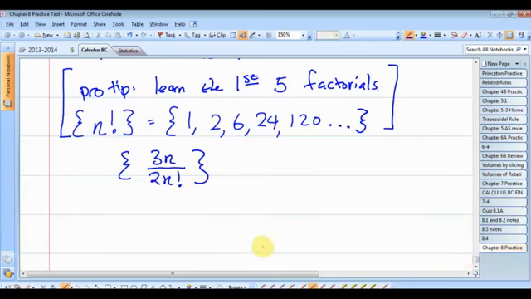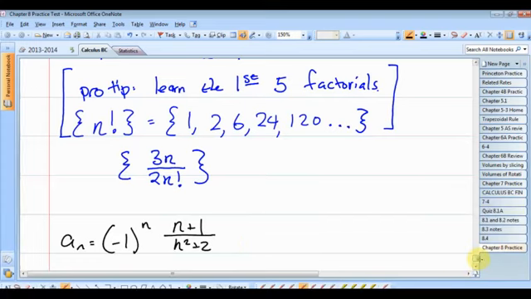Let's determine if the sequence converges or diverges. We have a_n equals (-1) to the n plus 1 over n squared plus 2.